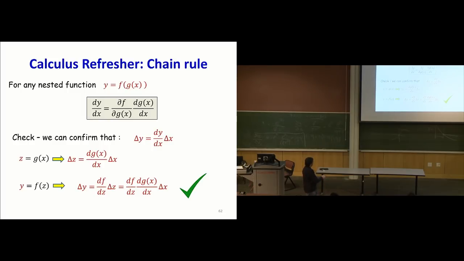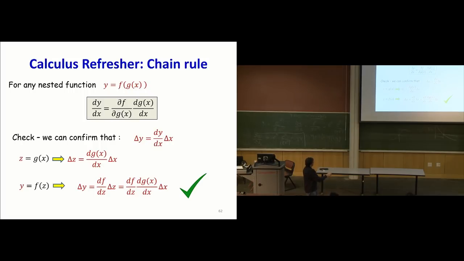I can write y equals f of z, which means once again using this definition, delta y is going to be the derivative of f with respect to z times delta z. But then delta z is the derivative of g with respect to x times delta x. So if I write delta y in terms of delta x, the multiplicative term is the derivative of f with respect to z times the derivative of g with respect to x.